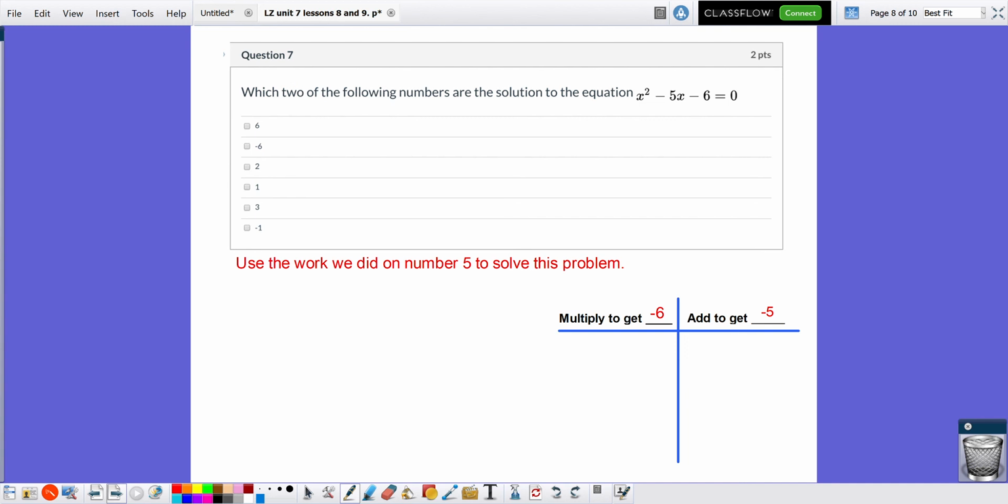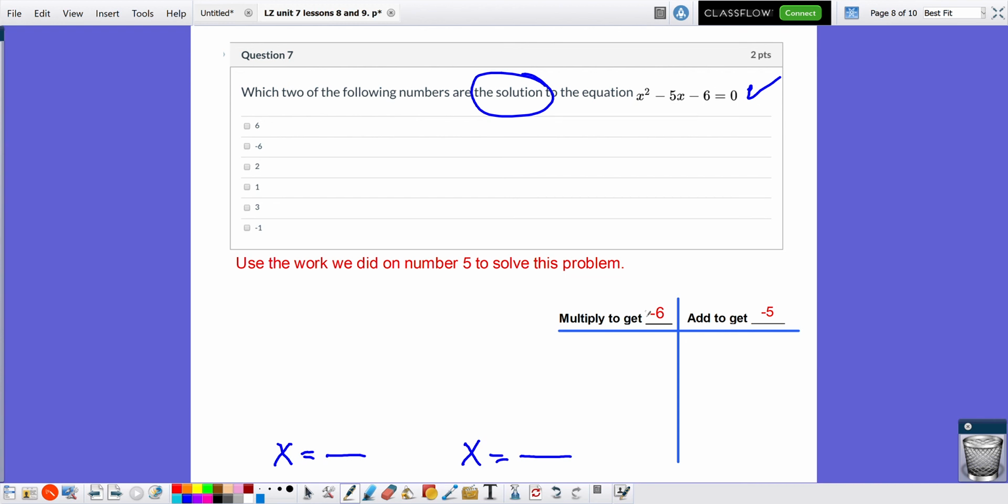So which of the following are the solutions for the equation? When you talk about the solution, we want the two values of x. So that means that we're going to have to follow the steps that we did in the first page. This equation is already equal to 0, so you do not have to do number 1.